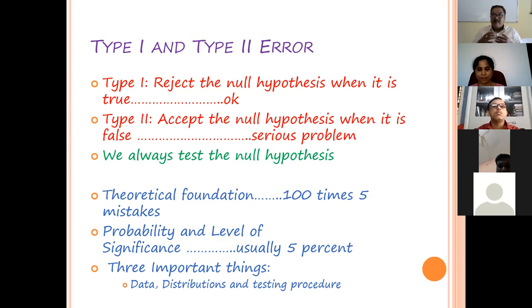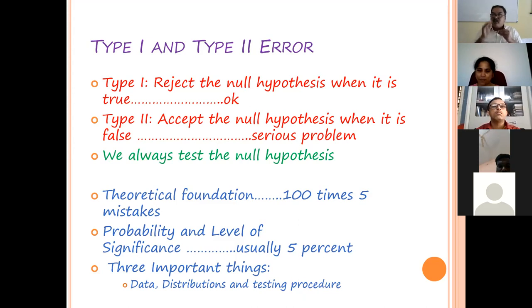So here, as I already mentioned, we test only the null hypothesis, and according to the tested proof, you may not reject the null hypothesis. Meaning, you do not have sufficient evidence to reject the null hypothesis.